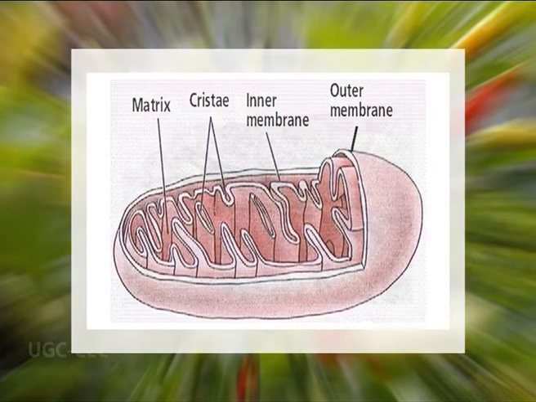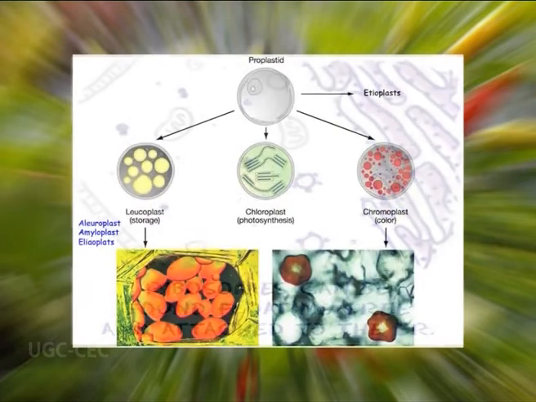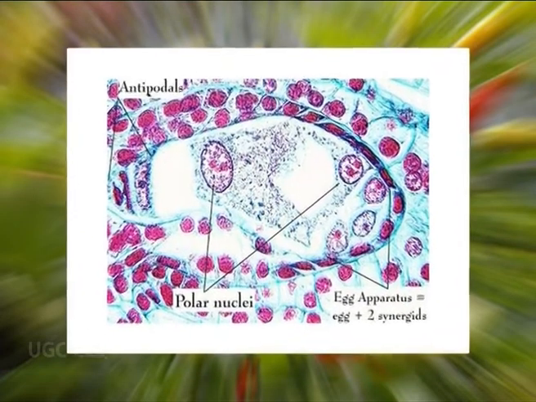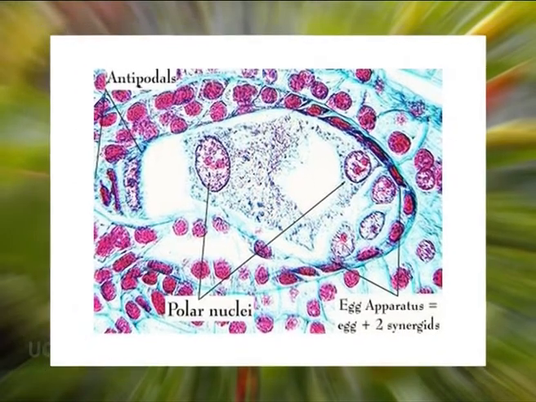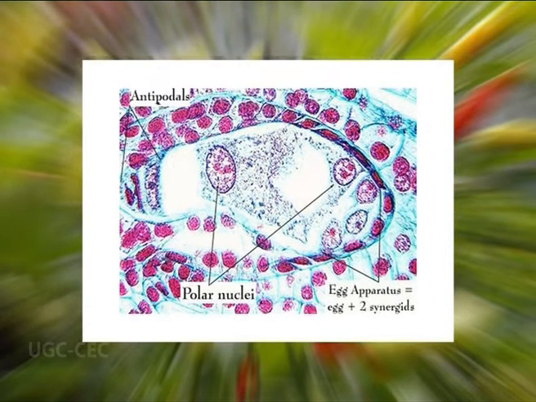The cytoplasm of the central cell has numerous mitochondria, dictyosomes, ribosomes, and plastids. Although there is no connection between the central cell and the cells of the nucellus, the cytoplasm of the central cell is in contact with that of the egg cell, synergids and antipodals through plasmodesmata.